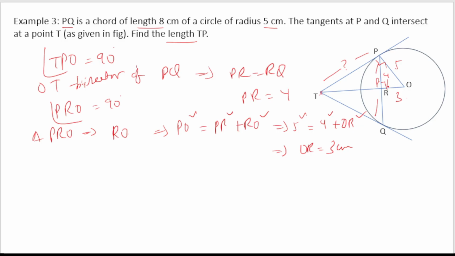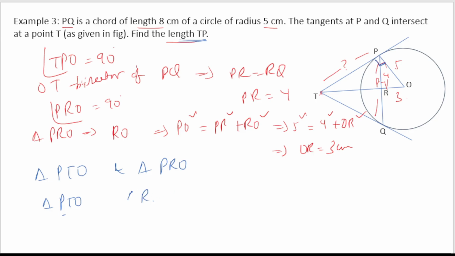Here OR is equal to 3 centimeters and we have to find the length TP. So we will compare triangle PTO and triangle PRO. See, in triangle PTO, angle P is 90 degrees. In the smaller triangle PRO, R is 90 degrees.